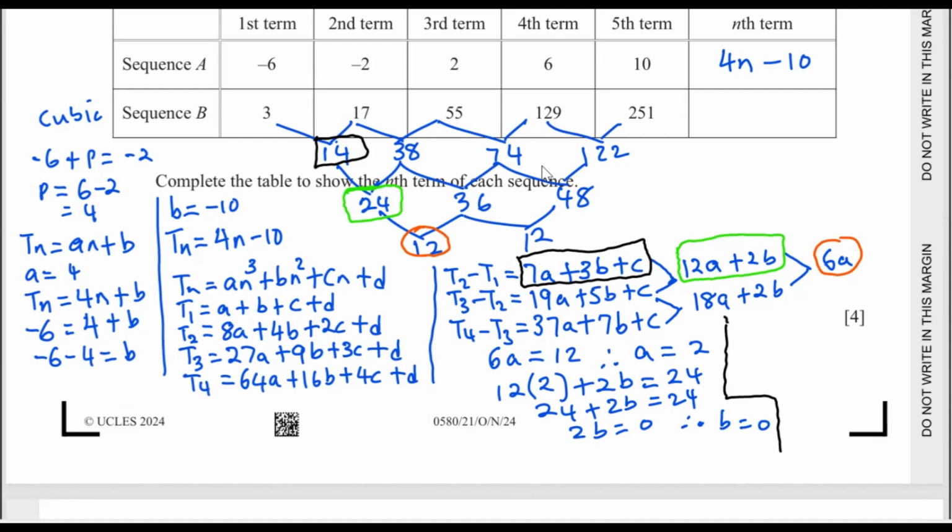We remember we know the values of A and B now. So we have 7, what is A? A is 2. 7A plus 3B, and what is B? B is 0.